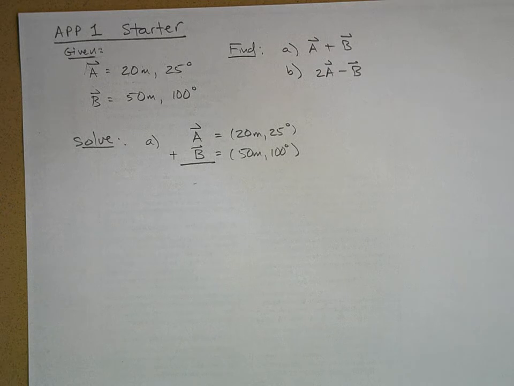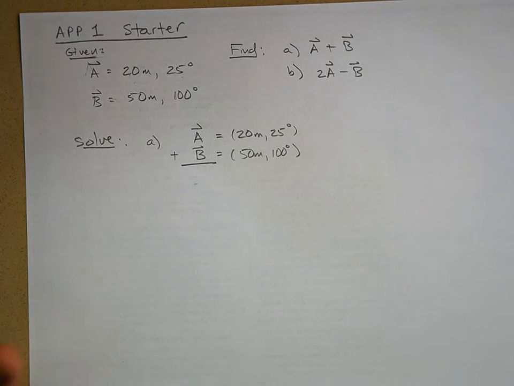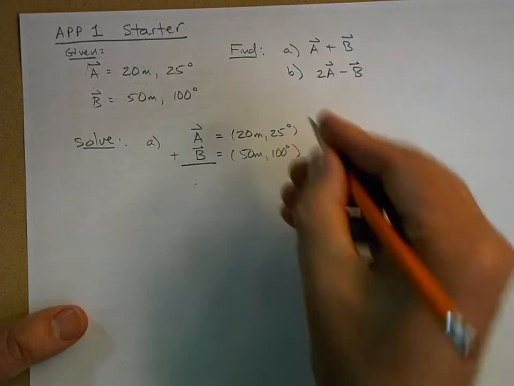Okay, you cannot add vectors together in polar coordinates. You have to turn them into what kind of coordinates? Rectangular. Yeah, rectangular. So let's do that.